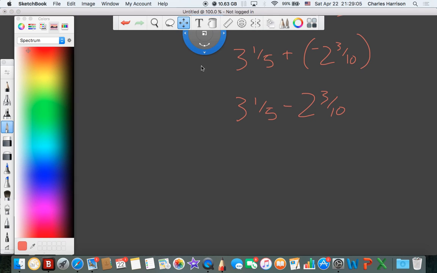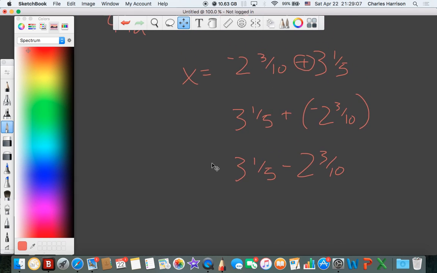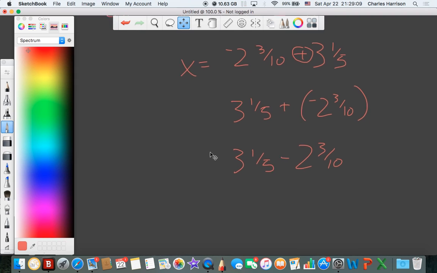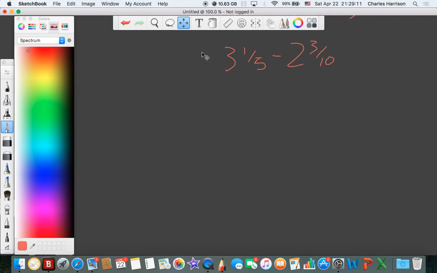It worked because we used addition, so the commutative property works with addition. But now that we've switched things up, it's now a subtraction problem, because a negative and a positive make a negative. So now it's 3 1/5, and we're subtracting 2 and 3/10 from it.